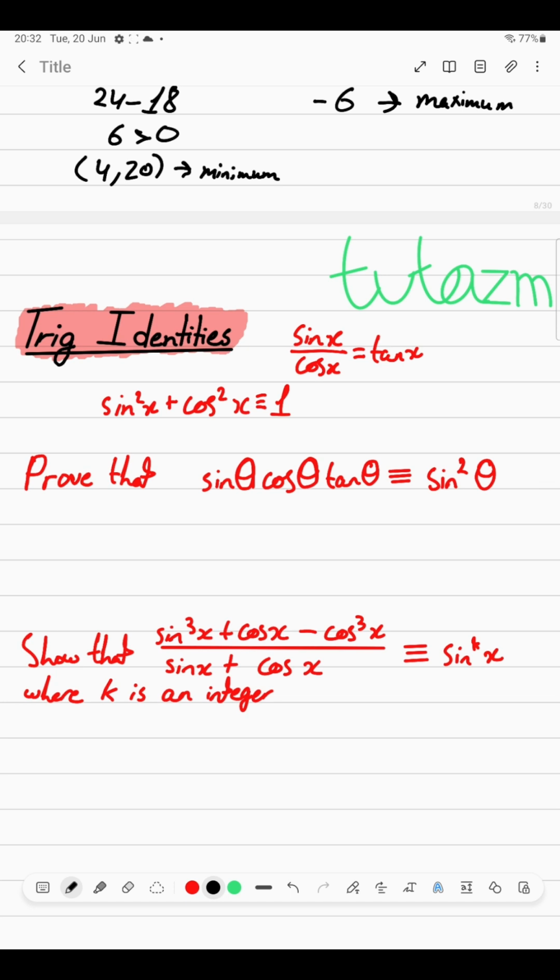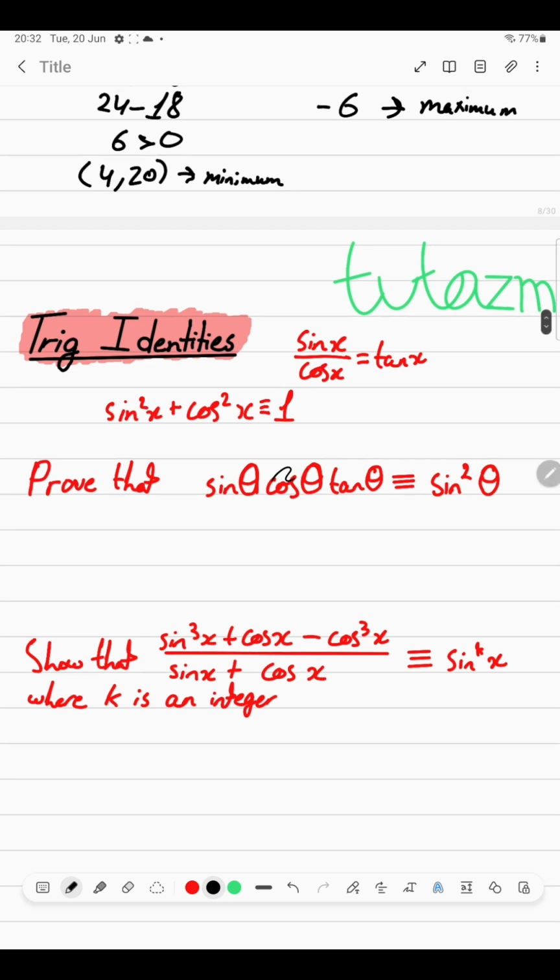So prove that sine of theta times cos of theta times tan of theta is always equal to sine squared theta. So this part here, we know that we can rearrange this to get that. So sine of theta over cos of theta equals tan theta.